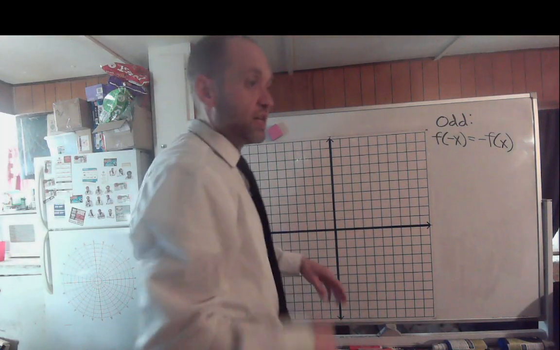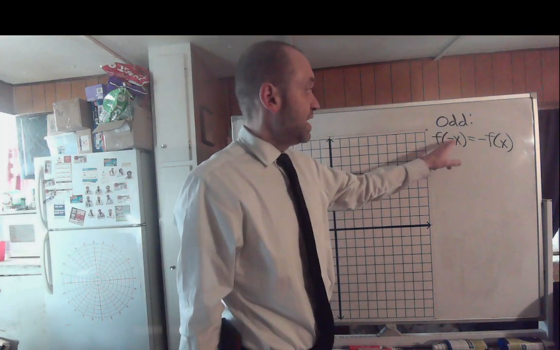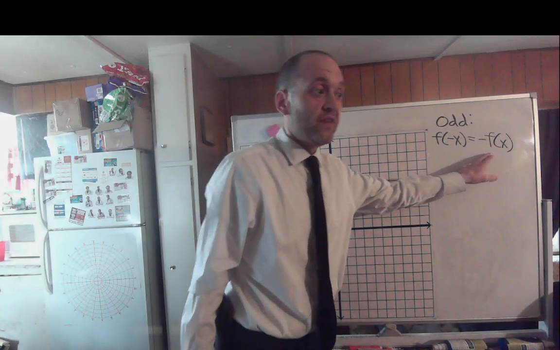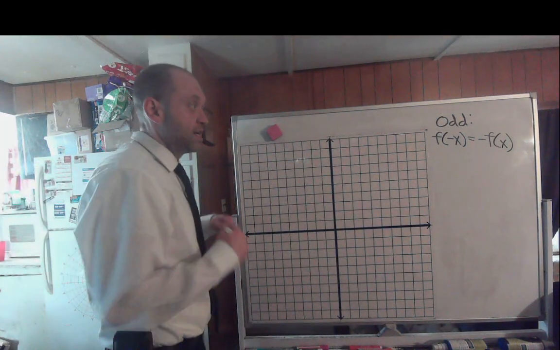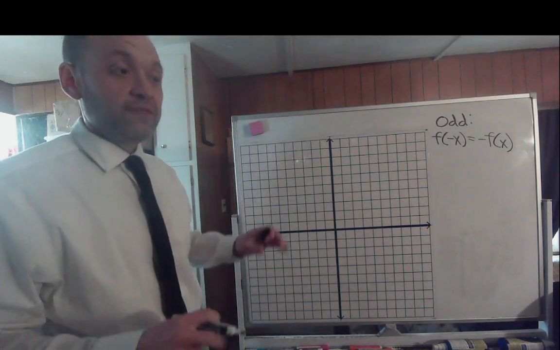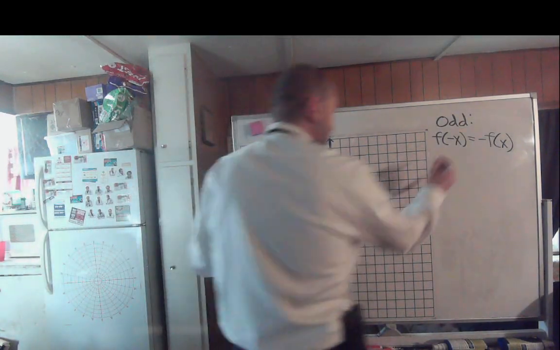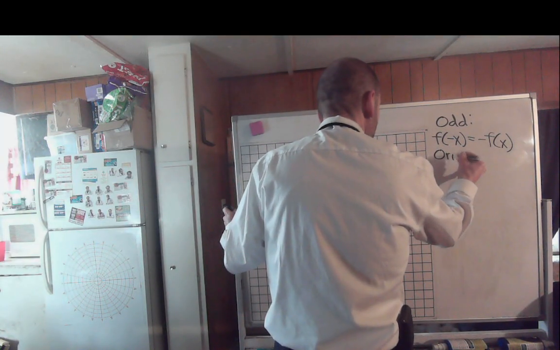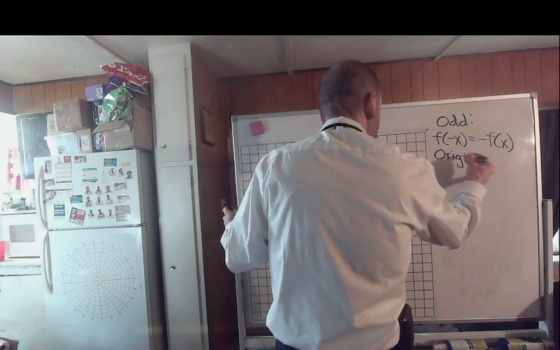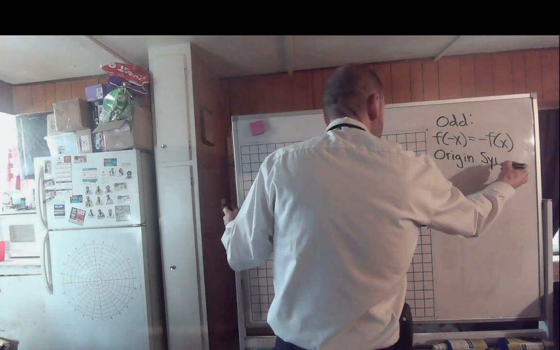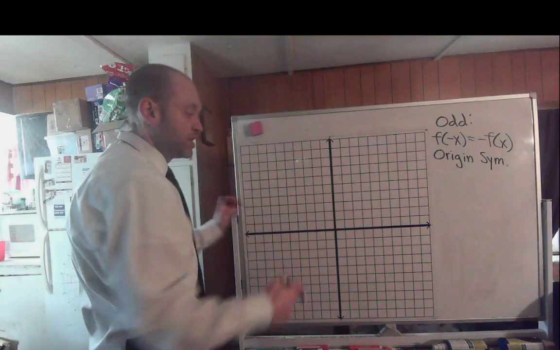So if a function's odd, f of negative x would equal the negative of f of x. And graphically, for symmetry, what you're going to have is called origin symmetry. So the point 0, 0 is the mirror. It's symmetric with the origin.